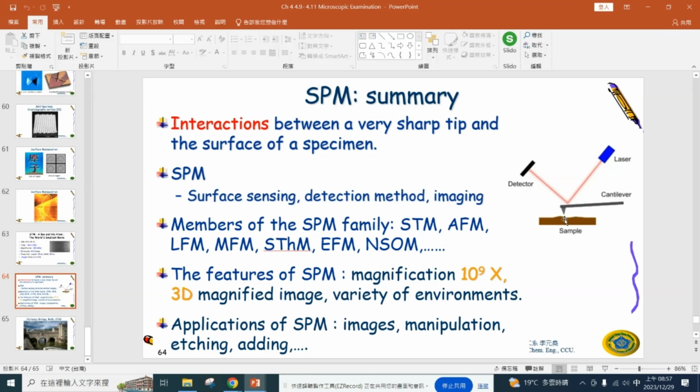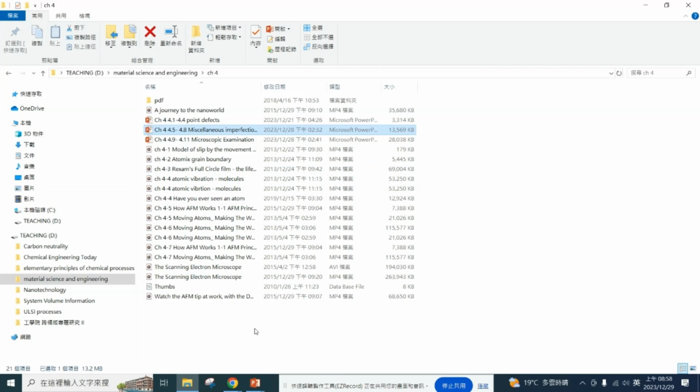So you can create many types of probe microscopes. This is a kind of family: STM, AFM, LFM, MFM, STHM, EFM, NSOM, and so on. There are many types of scanning probe microscope, and that's what we call scanning probe microscopy. These are the information we want to know.